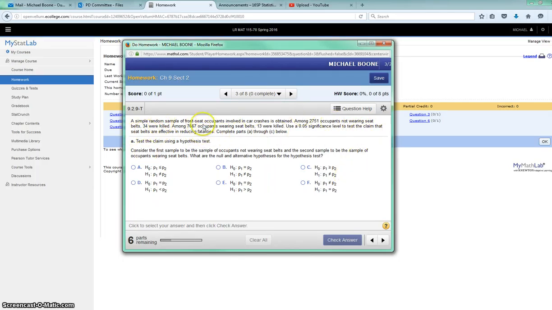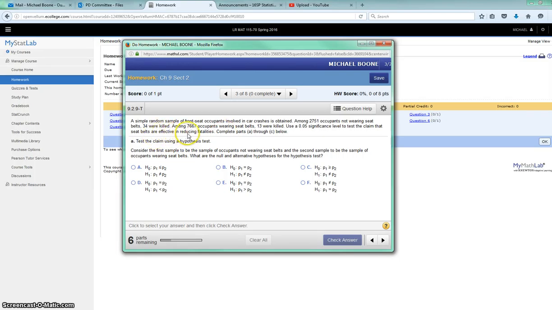And again, this has given me context for how I want to make my hypothesis test. We always know that our null hypothesis has an equal sign, so basically our proportions are equal to each other. But if we look at not wearing being our first proportion and wearing being our second proportion, I want to know if seatbelts are effective in reducing fatalities.